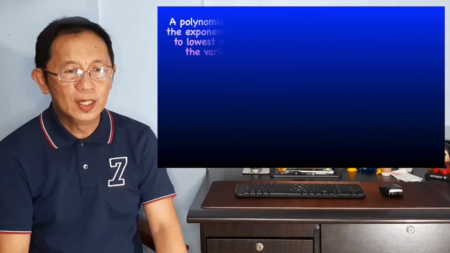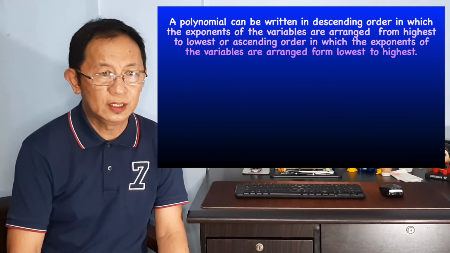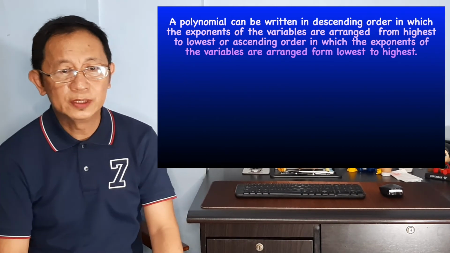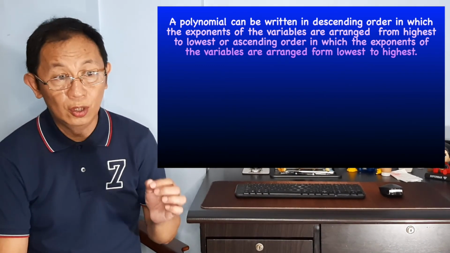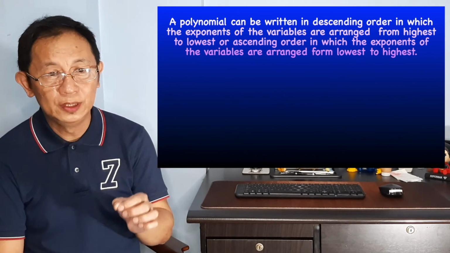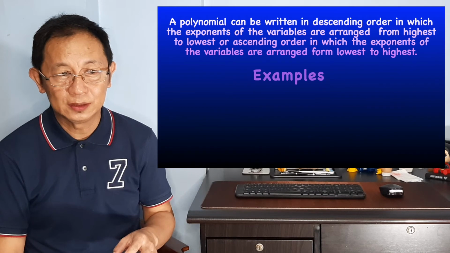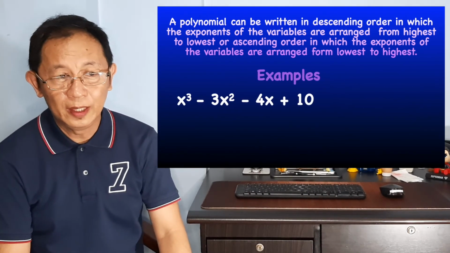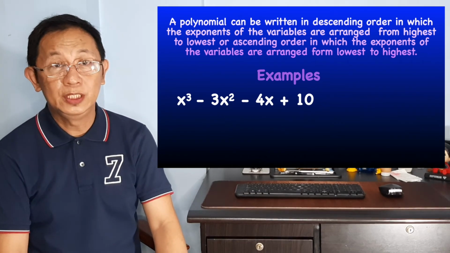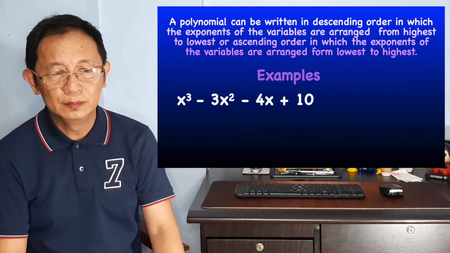A polynomial can be written in descending order in which the exponents of the variables are arranged from highest to lowest. Or ascending order in which the exponents of the variables are arranged from lowest to highest. No? So, for example is x cubed minus 3x squared minus 4x plus 10.